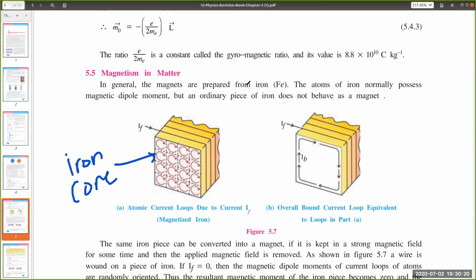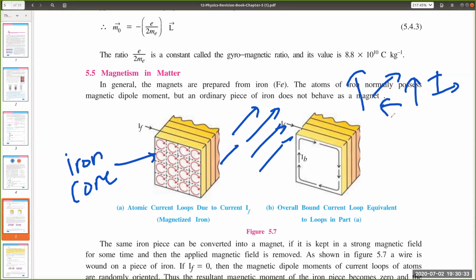Then they will add up; they will align themselves. If those random magnetic moments can align themselves, together they can form a pretty strong magnetic field, so that you can say the material is now magnetic in nature.